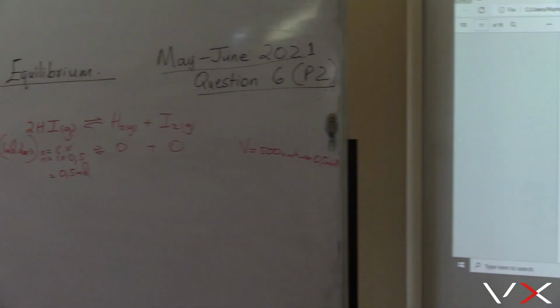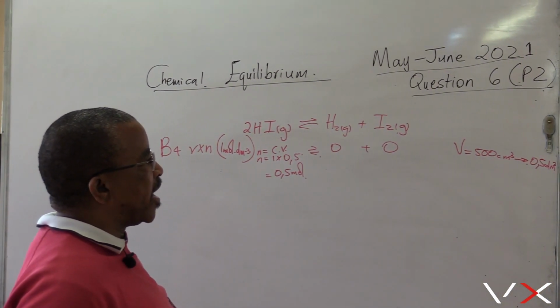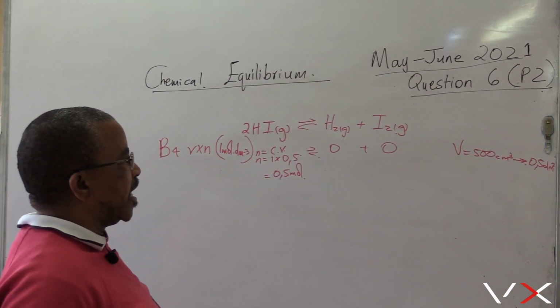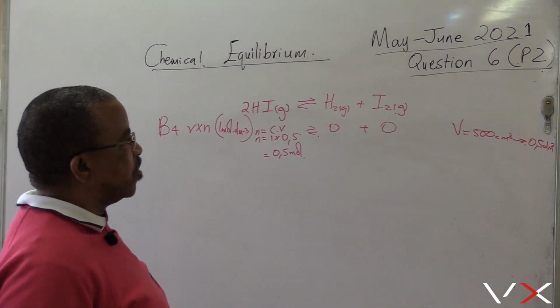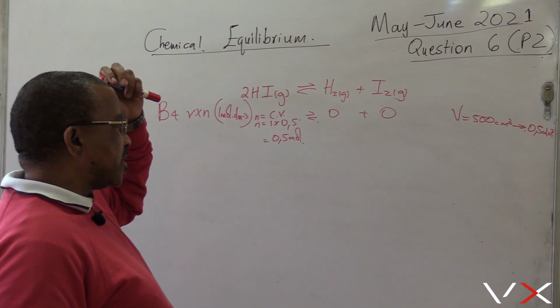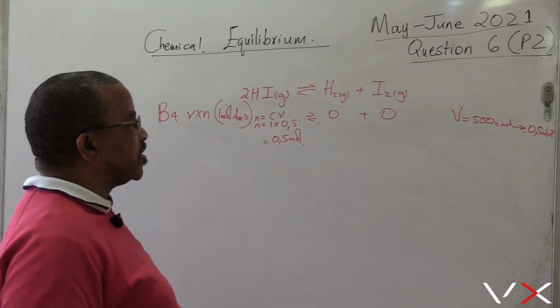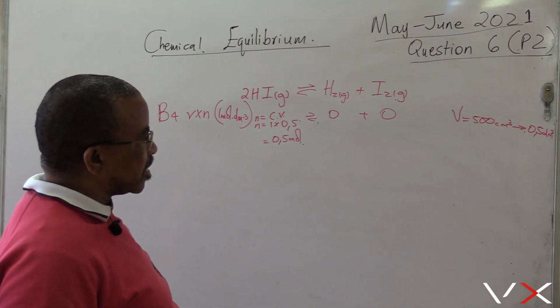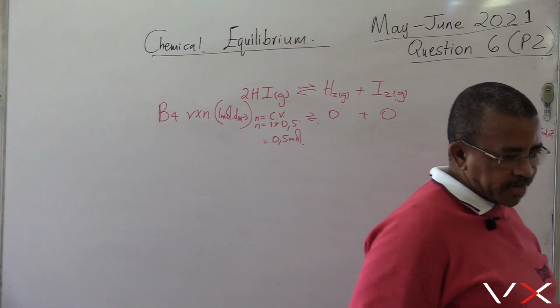2 marks. How does the rate of forward reaction compare to that of the reverse at the time of 4 minutes? Choose higher than, lower than, or equals to. The rate of forward is still higher than the rate of the reverse. Why?